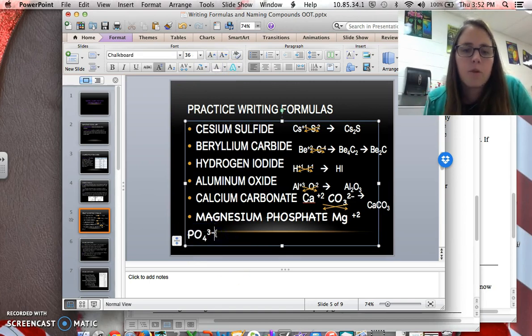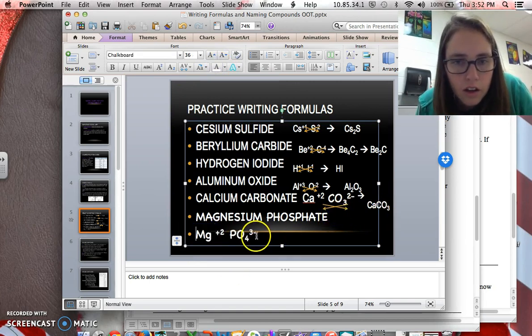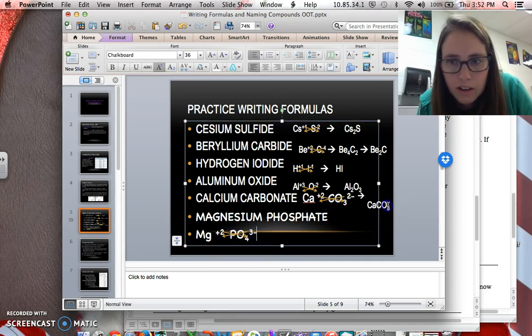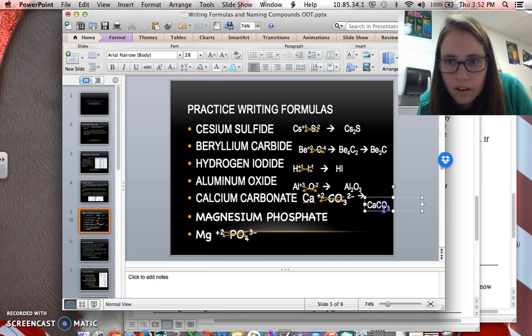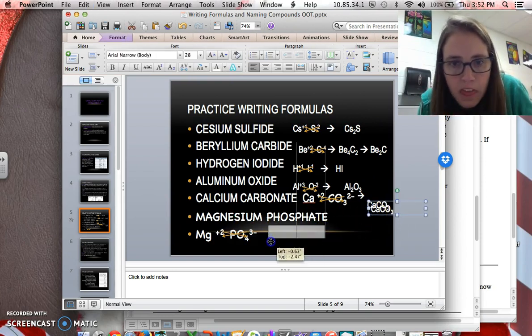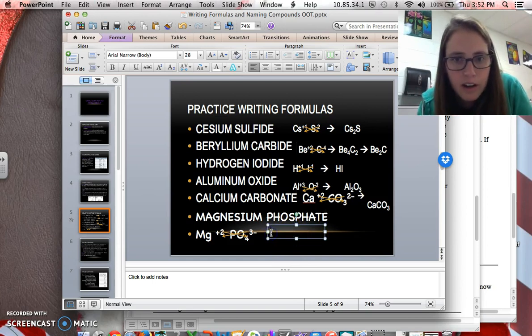Now we can do our crossing, just like that, and we are going to get Mg3(PO4)2.